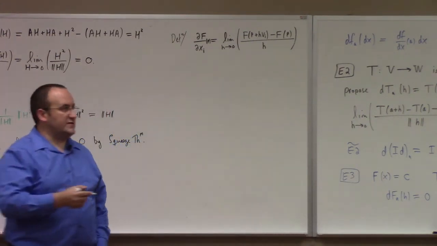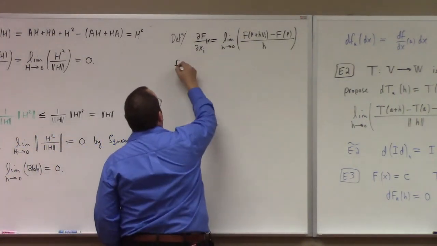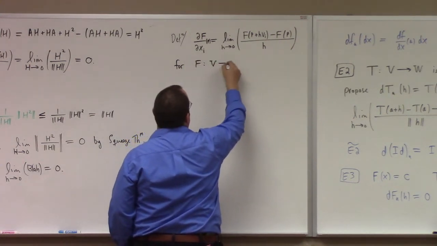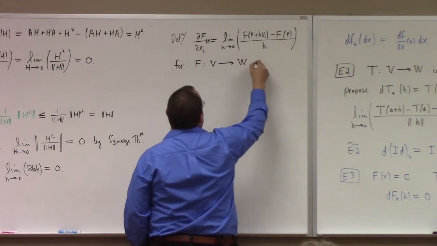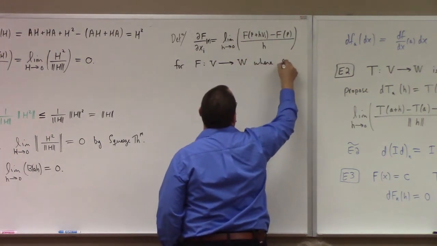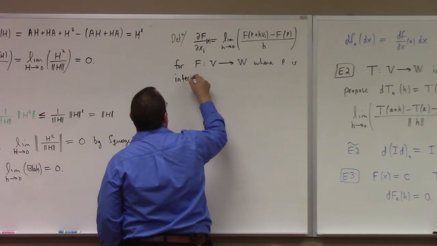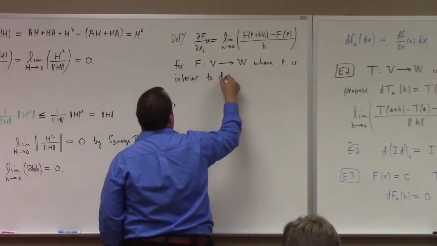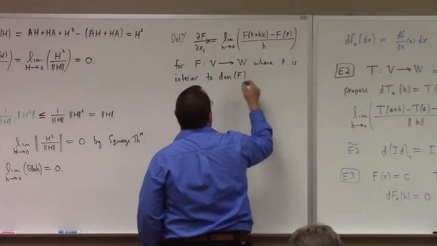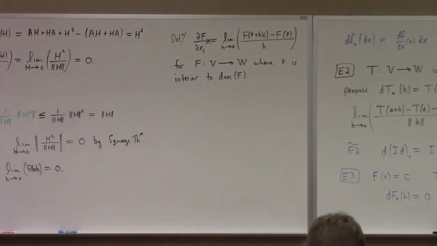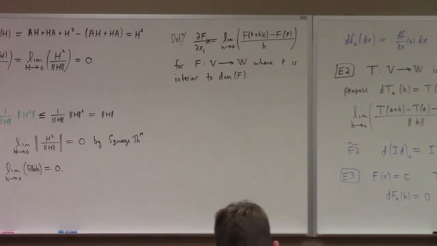So we can do this for f, a mapping of normed linear spaces, at points interior to the domain of f, okay? So there's a notion of partial differentiation you can talk about, all right?